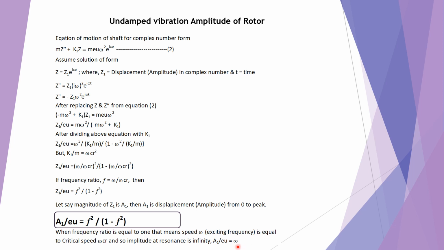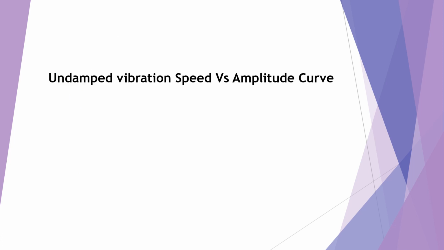So A1 upon eu is equal to infinite. So resonance or amplitude becomes infinite when ω is equal to ωcr. That means exciting frequency is equal to natural frequency, or critical speed is equal to exciting speed.